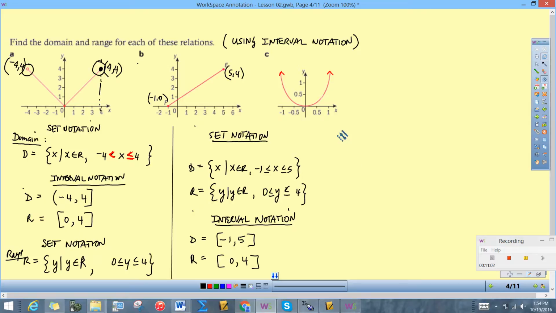Okay, if we take a look at the next one, let's look at C. In part C, we're just going to do interval notation this time, as opposed to what I said a few minutes ago. So in this problem, I see that my values of the x, now we have a parabola here, seem to be going on to infinity in all directions.